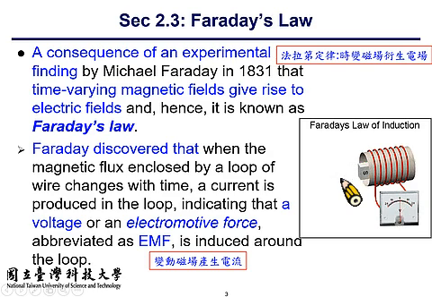So the polarity of the electrical potential, that is the voltage accumulated in these wire loops, is associated with the decrease or the increase of magnetic flux. So we know that the change of a time-varying magnetic field is associated with an electrical potential, and this voltage is referred to as electromotive force, abbreviated as EMF.